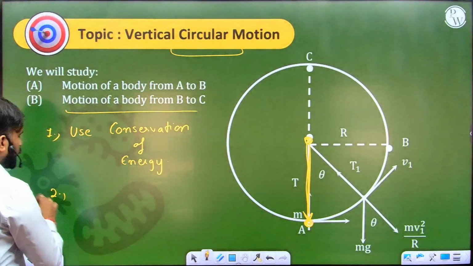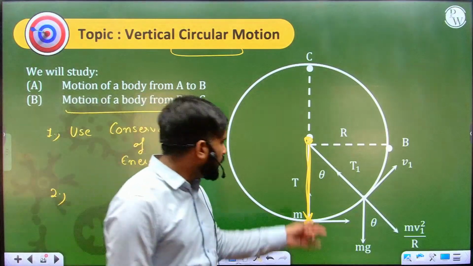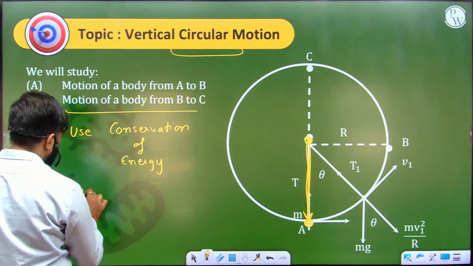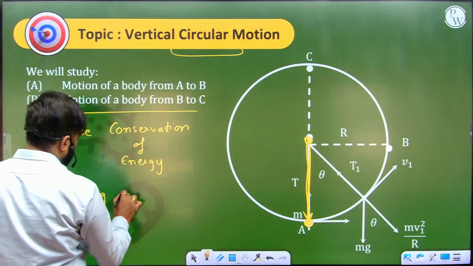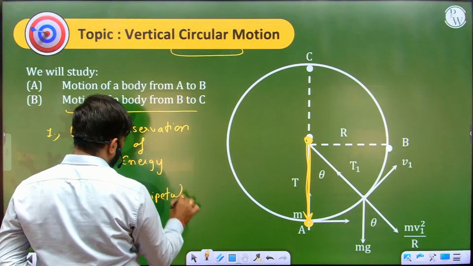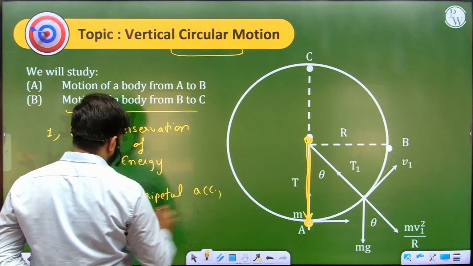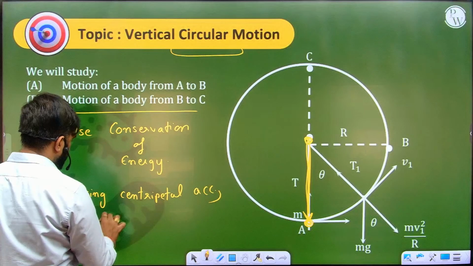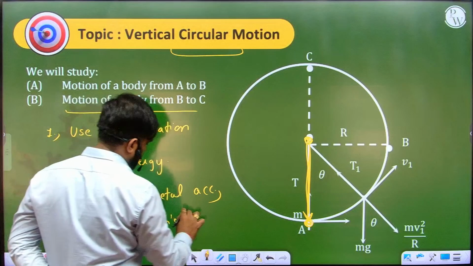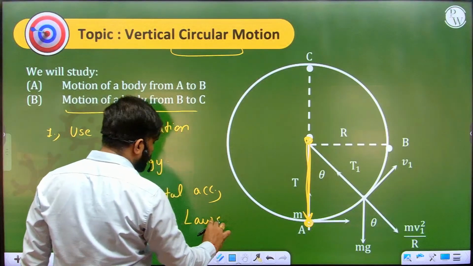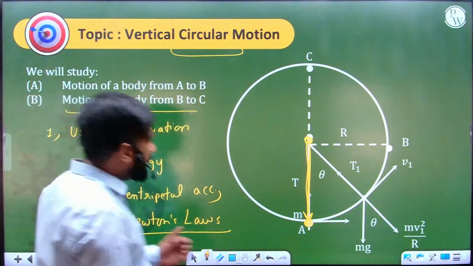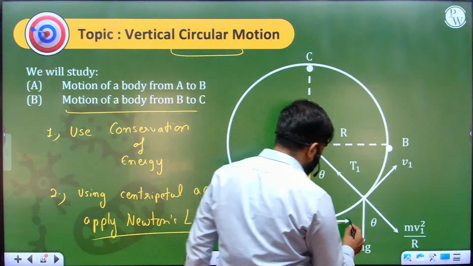Second, you need to use Newton's law along the string in the central direction, using the centripetal force, using centripetal acceleration.